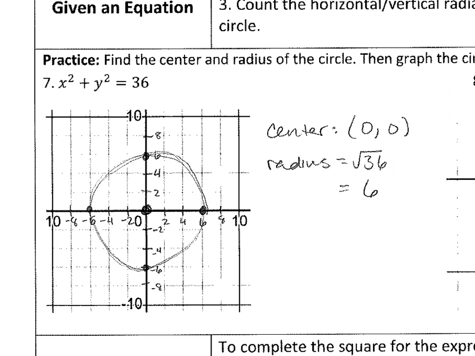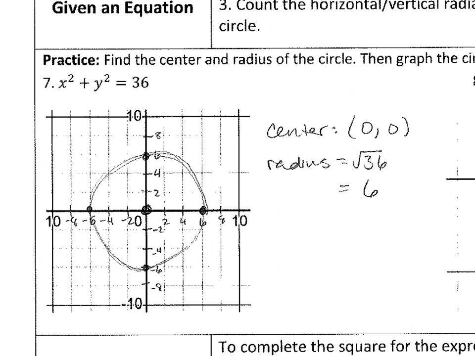Okay. So if I see this equation right here, I know that the center of the circle, I get the 2 coordinate points from the number subtracted from x and the number subtracted from y. Is there a number subtracted from x? No, so what number is subtracted from x? Not 1.